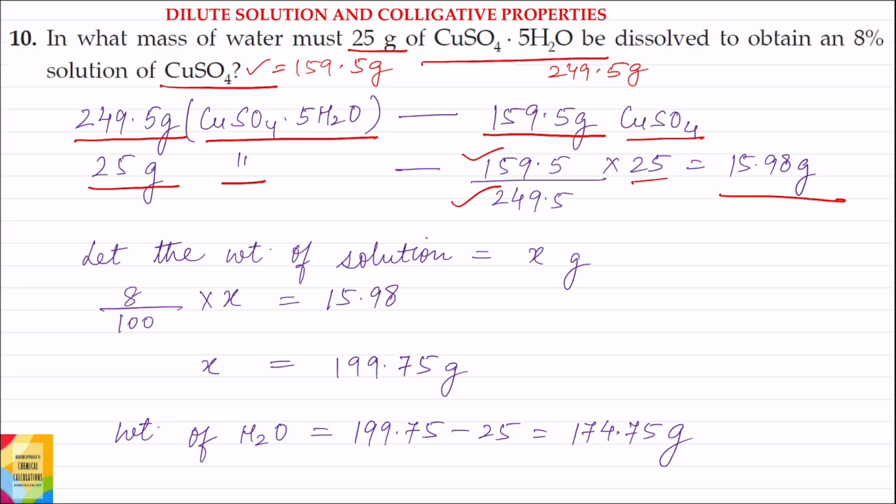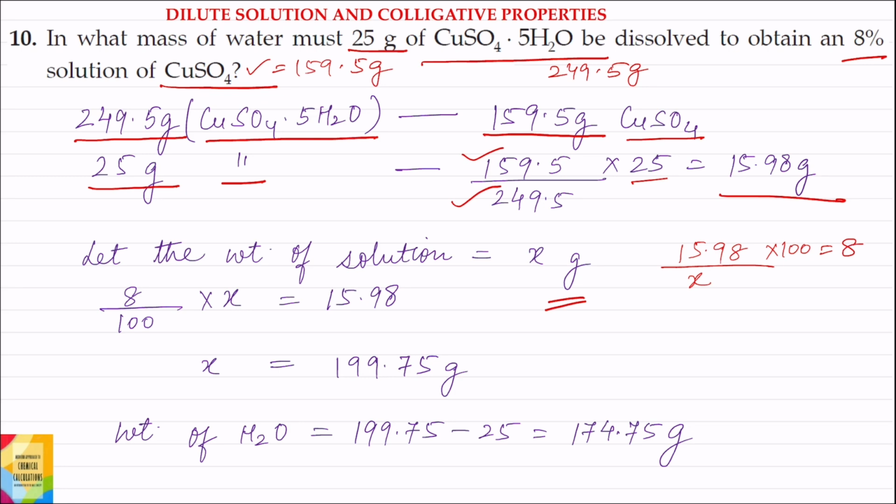So let us assume the weight of solution be x gram, and the mass percent of solution according to the question is 8%. So we can write weight of solute, that is 15.98, the mass of anhydrous copper sulfate, divided by weight of solution, that is x gram, into 100 is equal to 8.